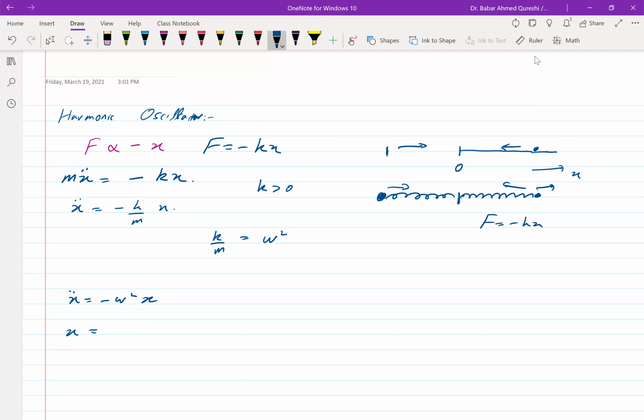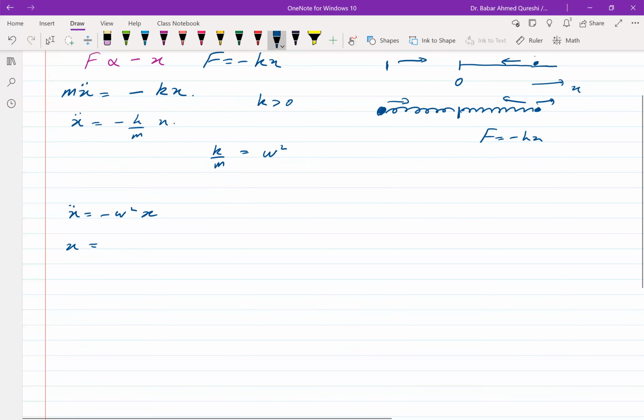If I want, I can write the complex solutions, but since positions are real numbers, I would rather write it using the real solutions. I can write it using a combination of cos and sine, or I can absorb the sine into the phase and write this solution.